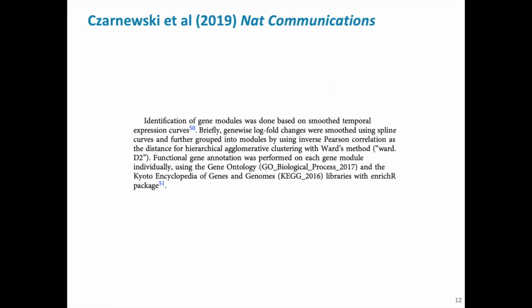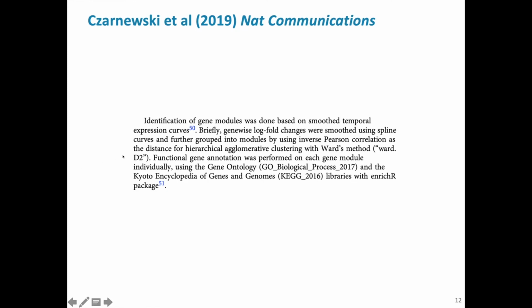You have an overall trend over the time course. And briefly, gene-wise log fold changes, or the normalized data, were smoothed using spline curves and further grouped into modules by using inverse Pearson correlation, which you also saw in the clustering lecture, as distance for hierarchical agglomerative clustering with Ward's method, or Ward D2, which is exactly the method that you also saw in the lecture.